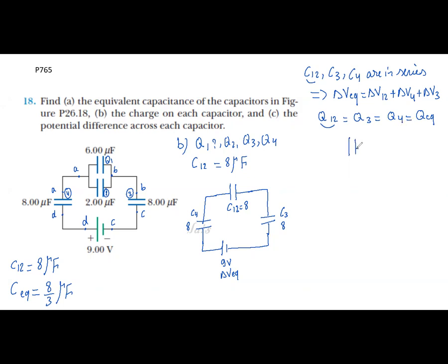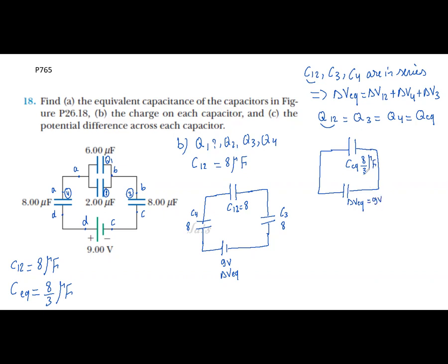At the final, C equivalent equals 8 divided by 3 microfarad, and delta V equivalent equals 9 volt.